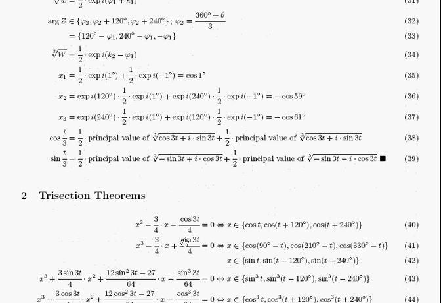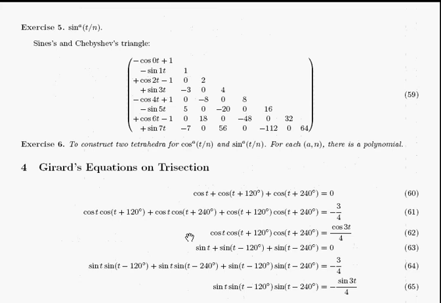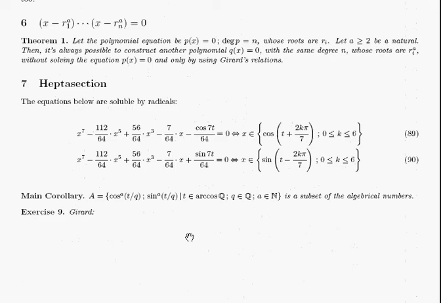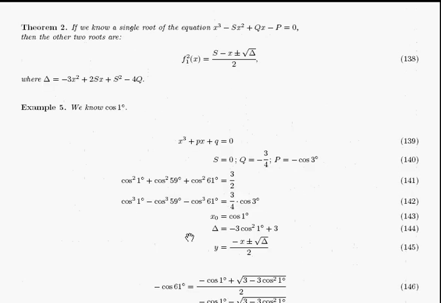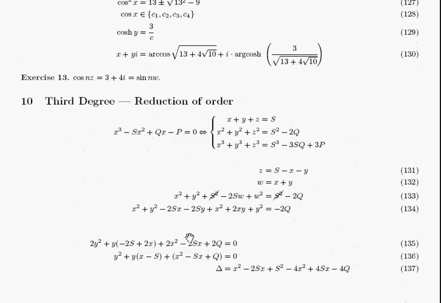This cosine of 3t over 4 minus cosine of 1 squared minus this original sum times cosine of 1 plus q, the original q.